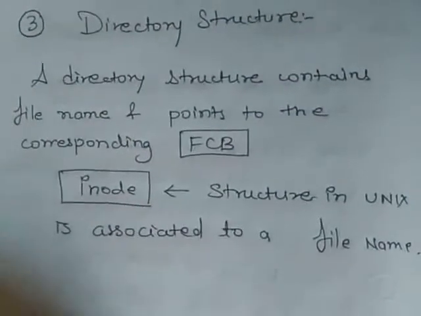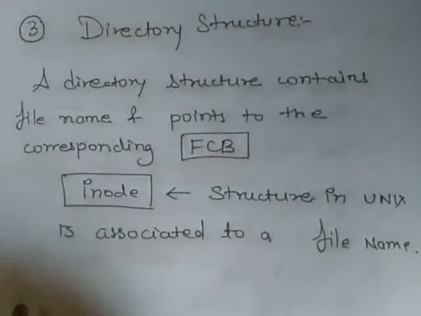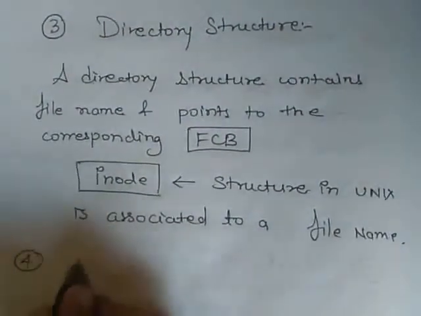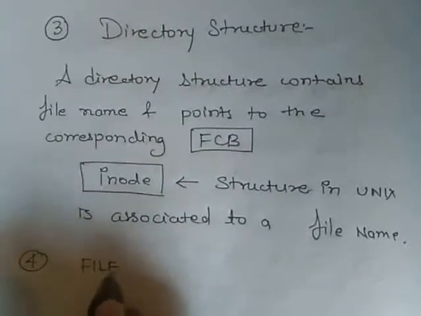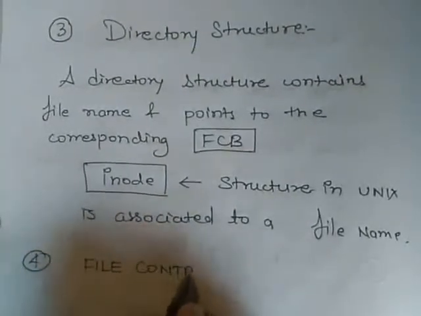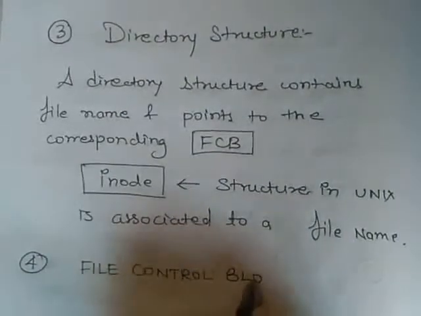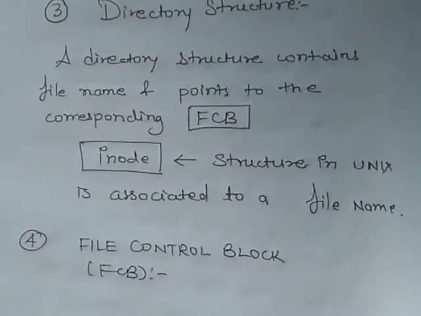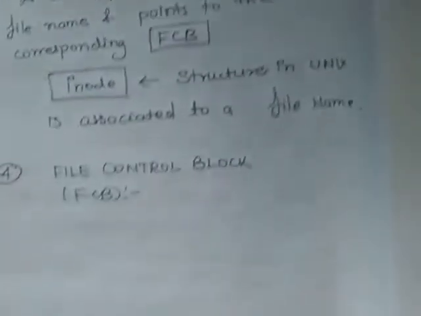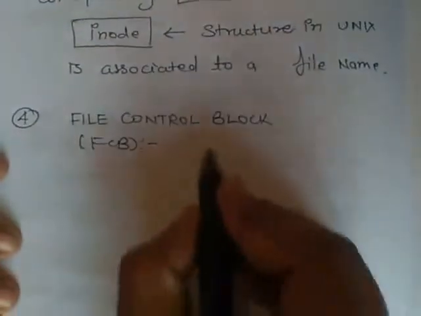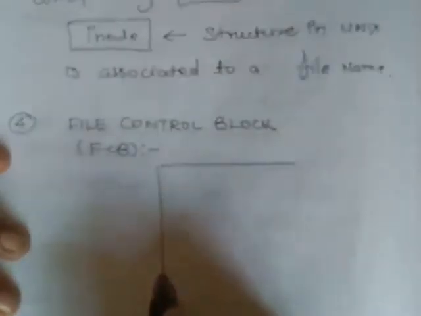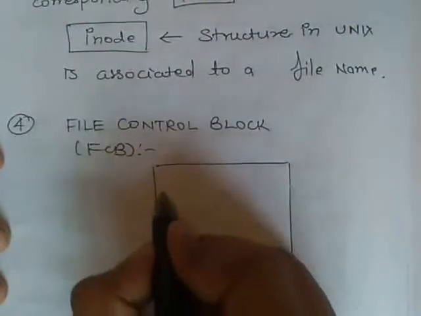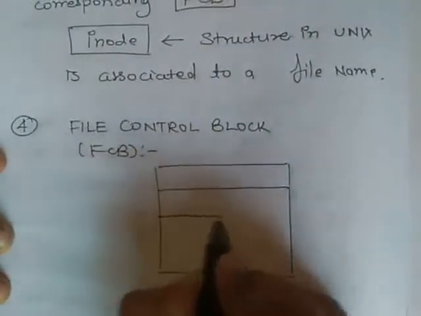Now, the fourth type of data structure we have is file control block. In short form, it is known as FCB. First of all, let us understand what type of information an FCB has. In memory, the FCB contains different types of information.